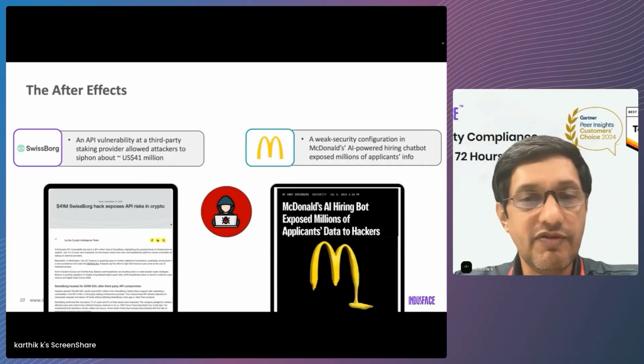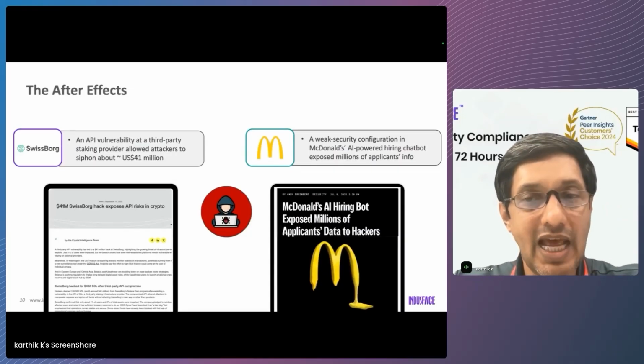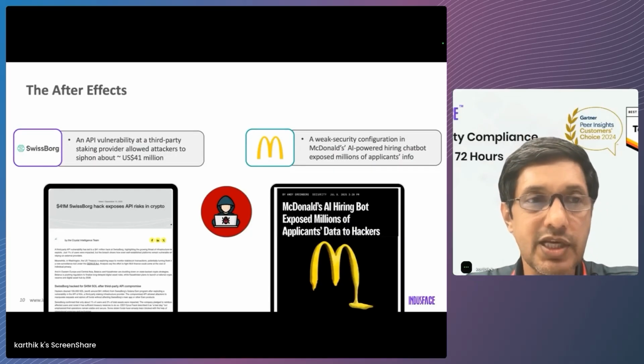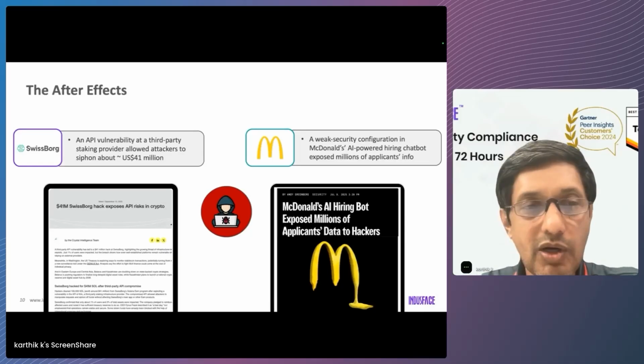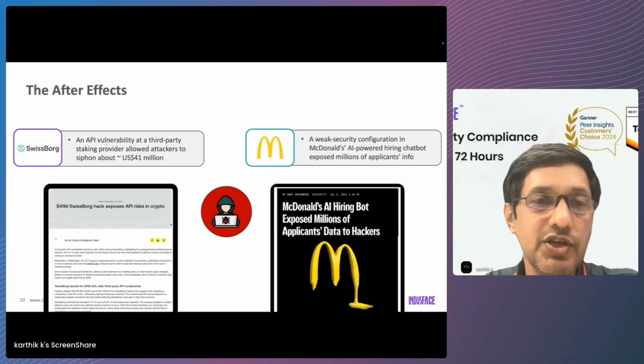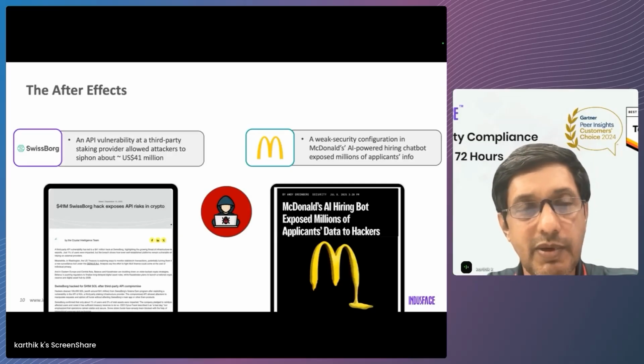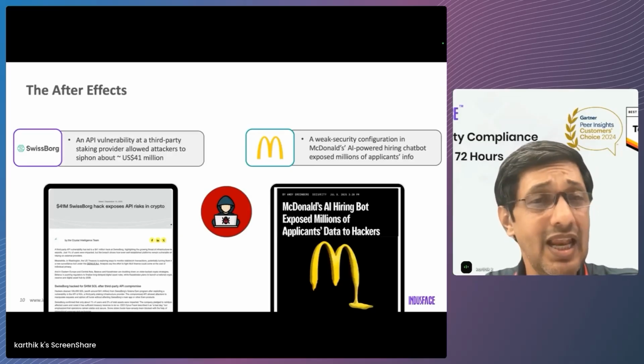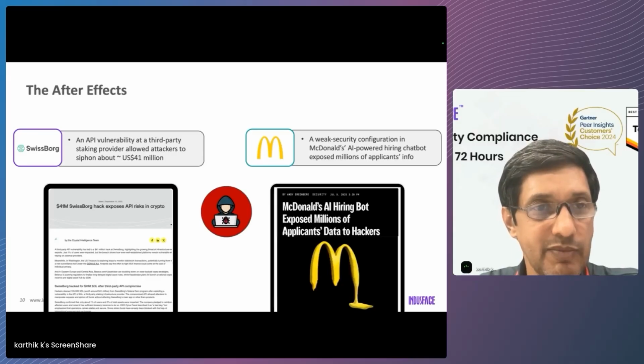Here are a couple of high-profile things that happened in the last few months. Swissborg is a cryptocurrency platform, and they were using a third-party provider called Kiln, which was doing the staking for them.